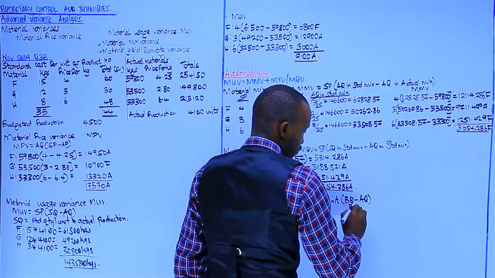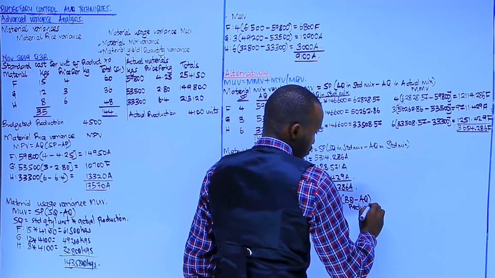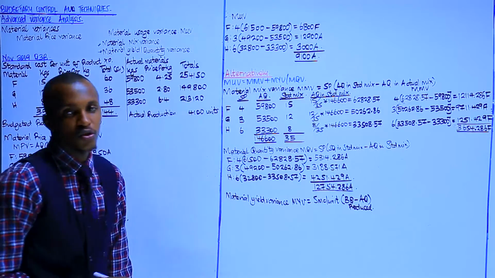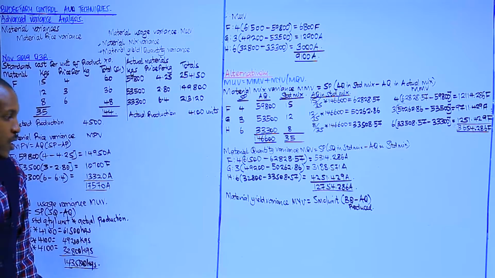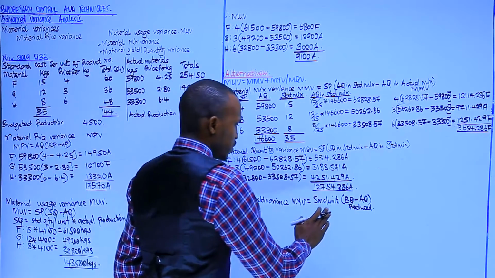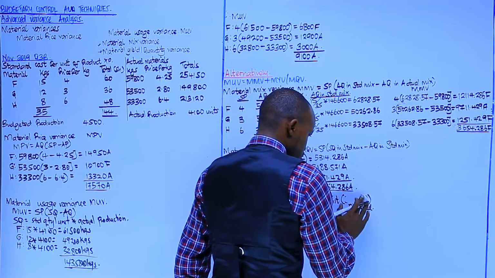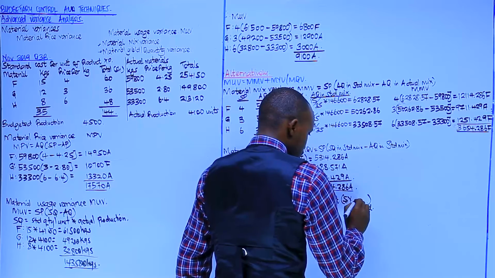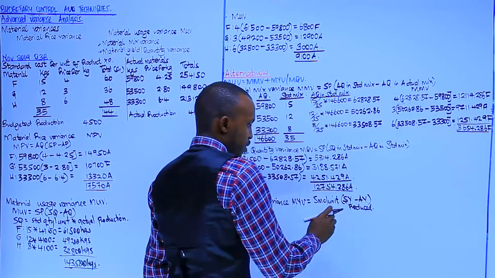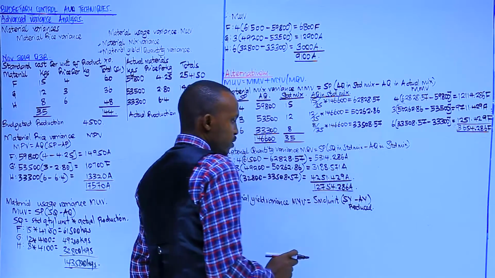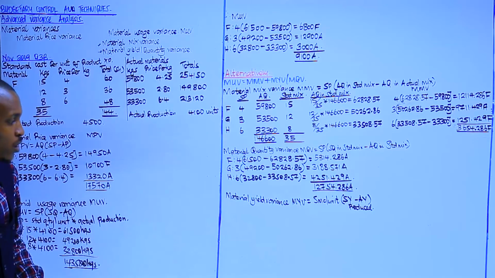So this is the quantity of production, not of material used. Actually, this should be your standard yield, not actual quantity. Standard yield minus actual yield produced, that way. So just that, sorry. Standard yield minus actual yield.